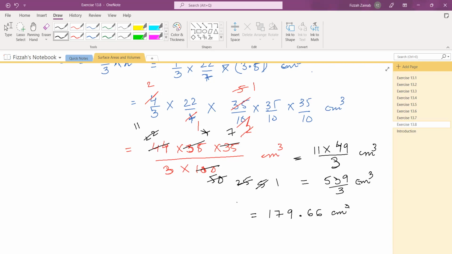Ma'am, in the book the answer is in mixed fraction. Okay, what is the answer in the book? Please tell me. Ma'am, 175, 2 by 3. Yes, ma'am. We can just check it. 175 into 2 by 3. So 3 into 175 is how much? No, 3. Ma'am, it's 179.